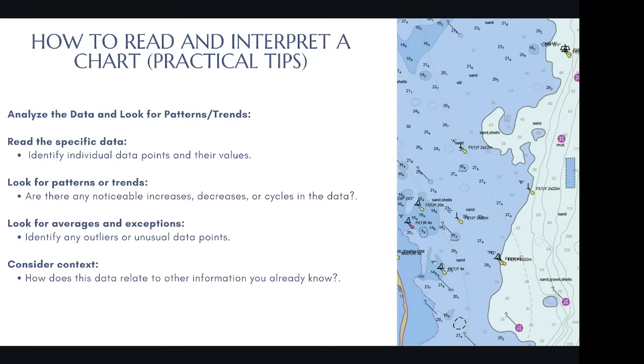These are any noticeable increases, decreases, or cycles in the data. Another one is to look for averages and exceptions. Identify any outliers or unusual data points.